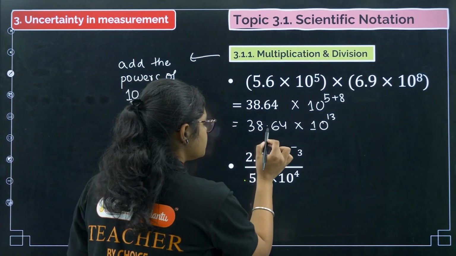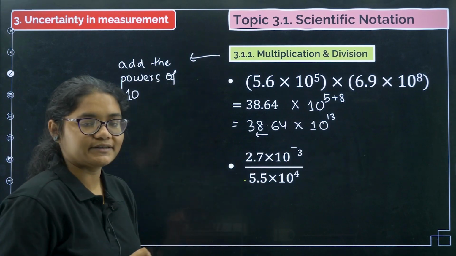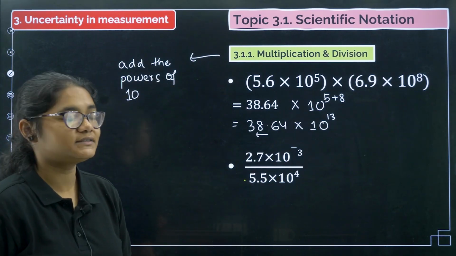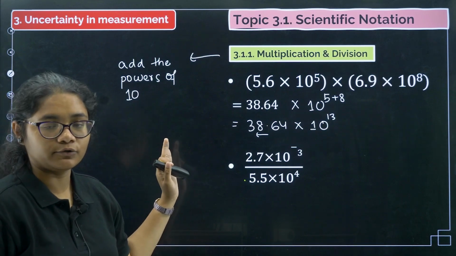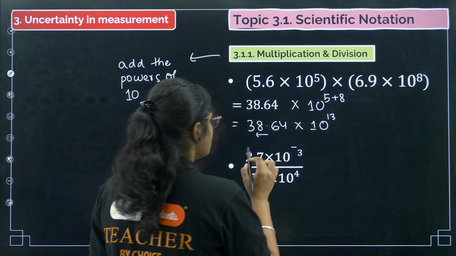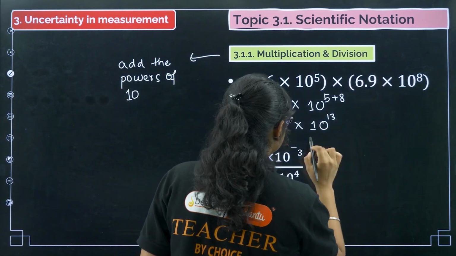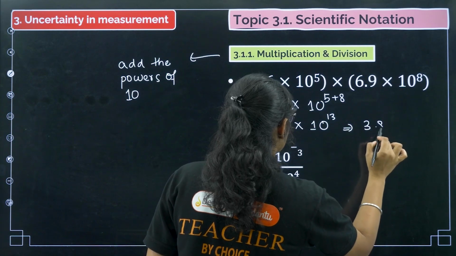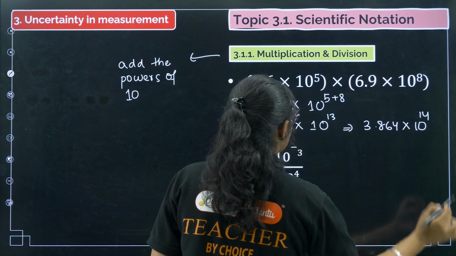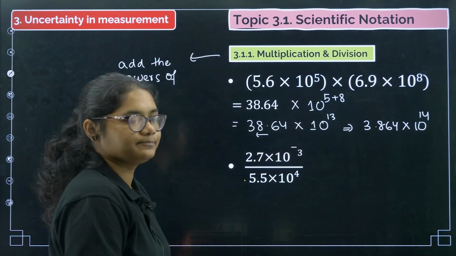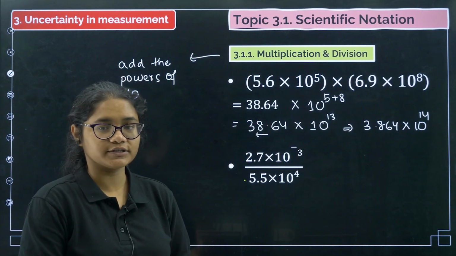So I need to shift this side, right? Now which side am I shifting? I am shifting towards left. If I am going towards left, then the value will increase. So 13 will become 14, right? So I can write here 3.864 into 10 to the power of 14. Okay, clear? Understood this one?